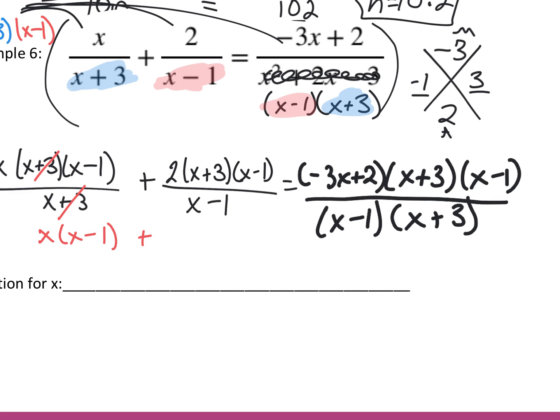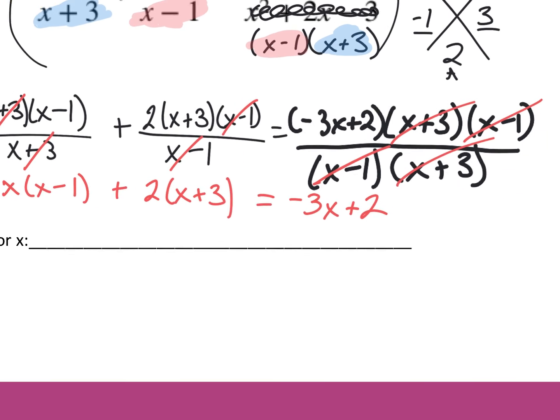And then you cancel out the x minus 1 on the next one, and it'd be 2 times x plus 3. I like it. I'm not to the last part yet, though. Hold on. Everything else but the negative 3x plus 2, I would agree. Everybody see how we did that? Yep.